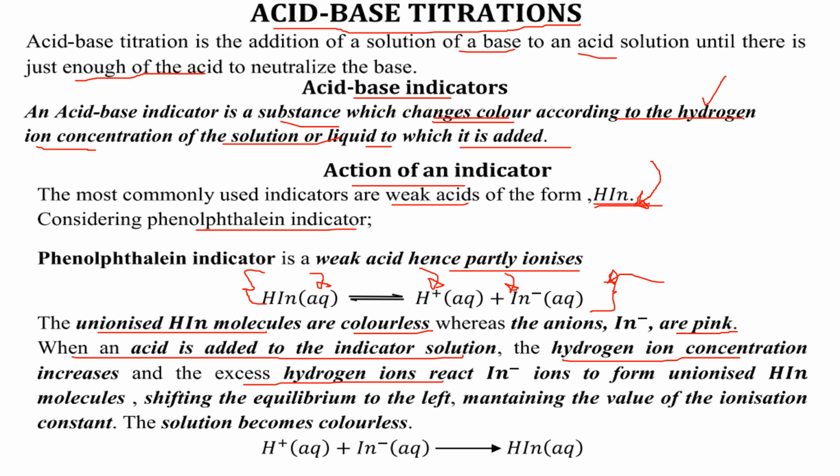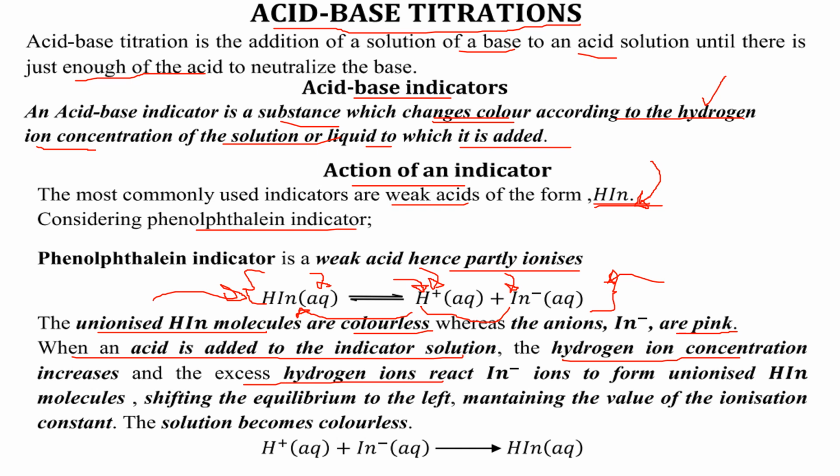Under chemical equilibria, we say that if the concentration of the products is increased, equilibrium will have to be reversed. So more of these are going to react with this to form back the unionized HIN molecules, or the unionized phenolphthalein indicator molecules. And if more of this exists, then the solution is going to be mainly colorless.